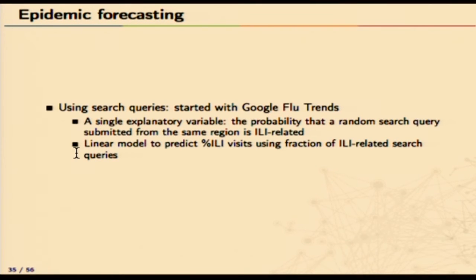They said, let's look at search queries. They have everything that you search for. From that, they look at what fraction of the search queries, say for Kharagpur, were ILI related. They have a methodology for figuring that out, and then they make a linear model for predicting ILI visits from the fraction of search queries which are ILI related.